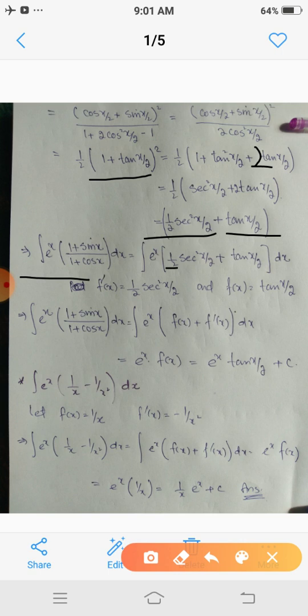Now here if we put f of x equals tan x by 2, its differentiation f dash x becomes 1 by 2 sec square x by 2, because differentiation of tan is sec square and differentiation of x by 2 is 1 by 2.